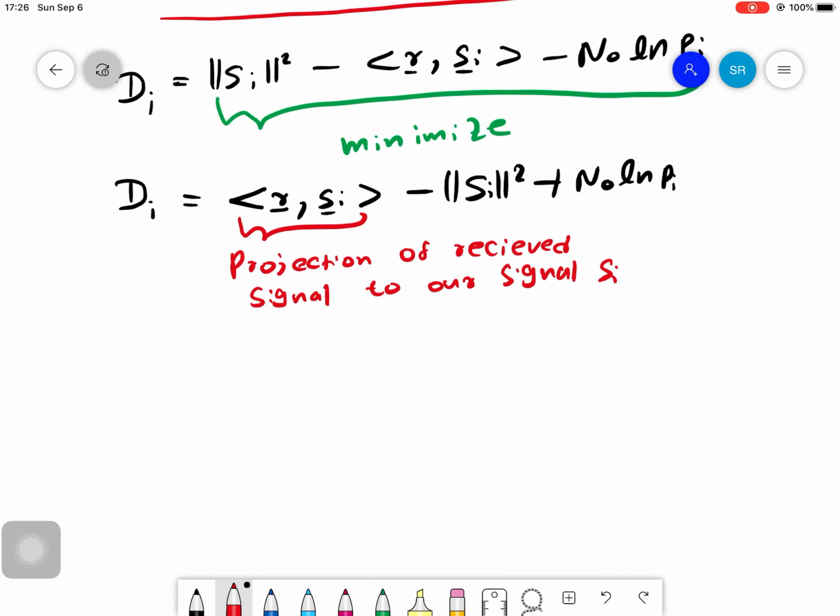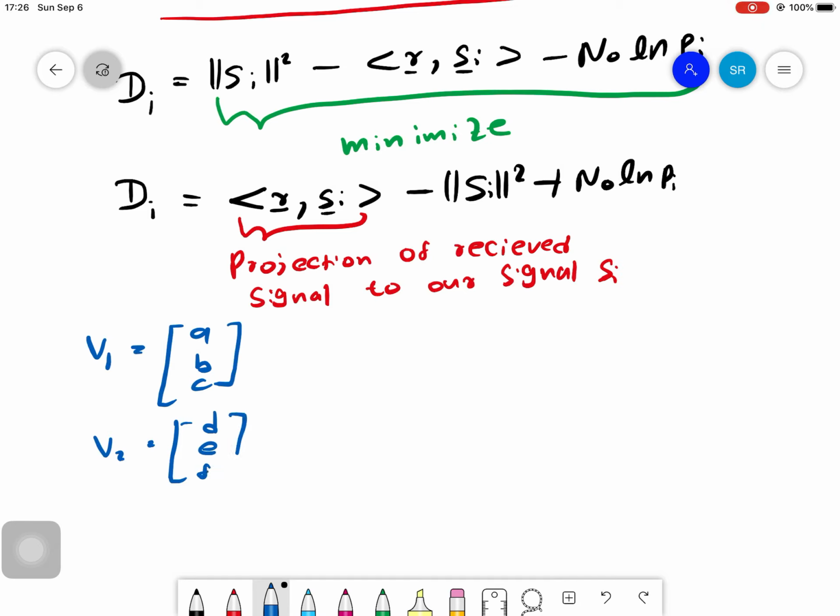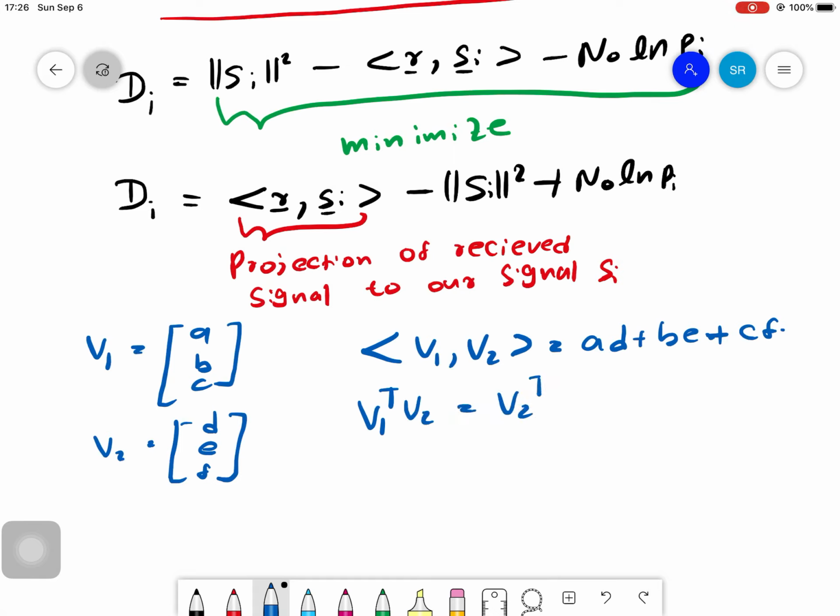So if we take two vectors, in order to simplify this, we can take V1 as A, B, C and V2 as D, E, F. We know the Euclidean product between those two vectors can be written as AD plus BE plus CF, which is equivalent to V1 transpose V2 or V2 transpose V1.